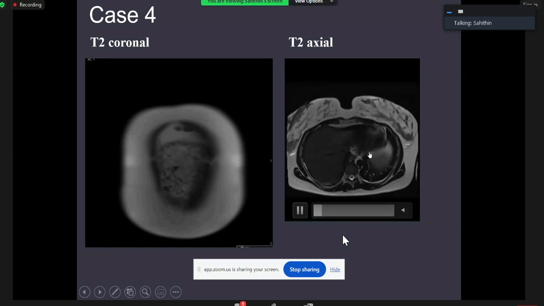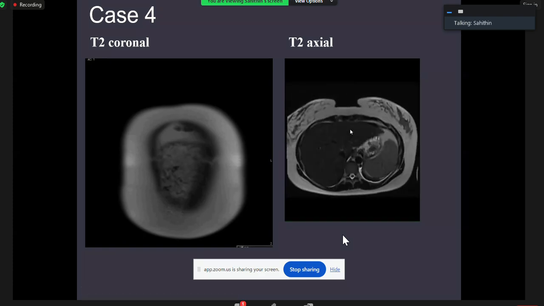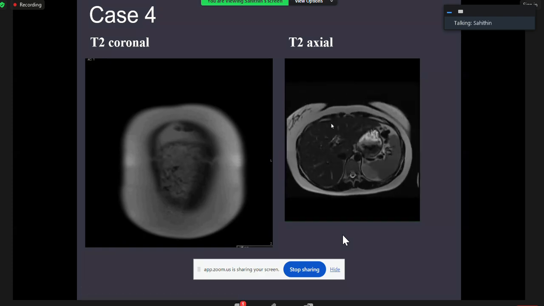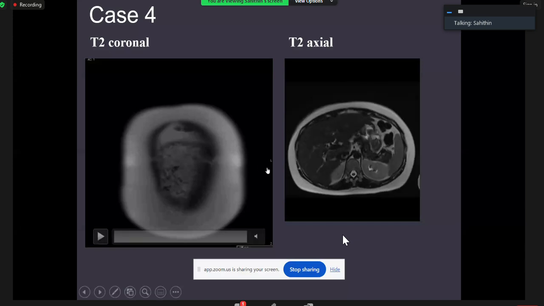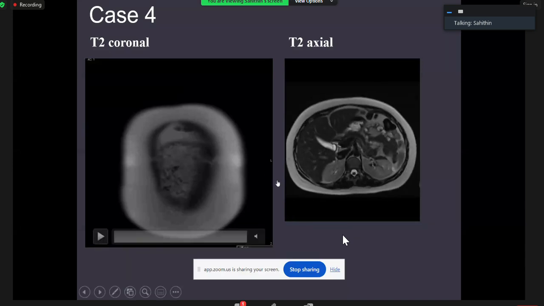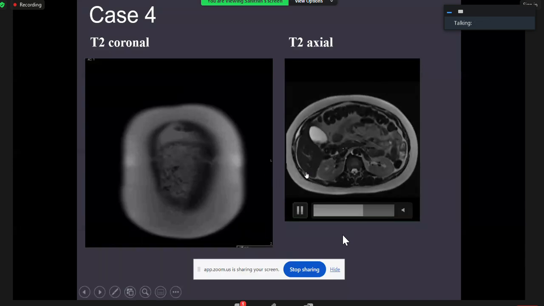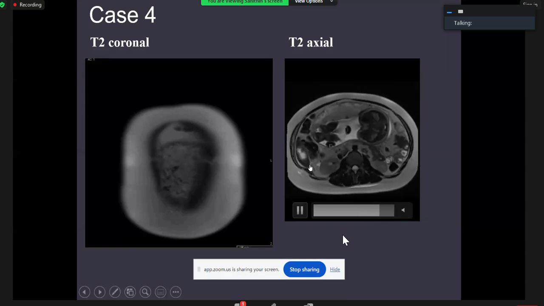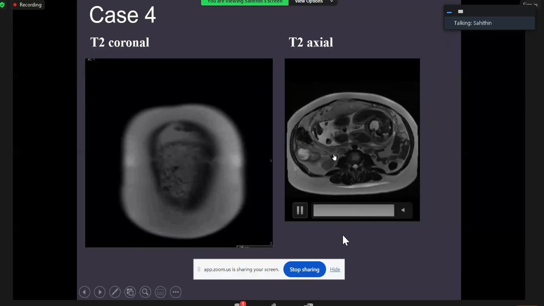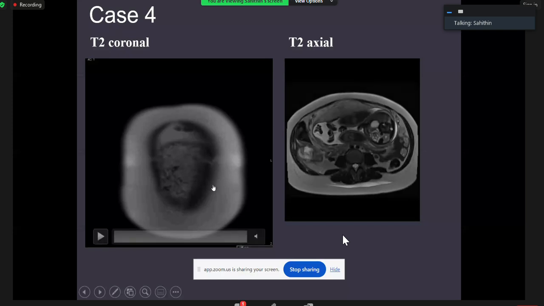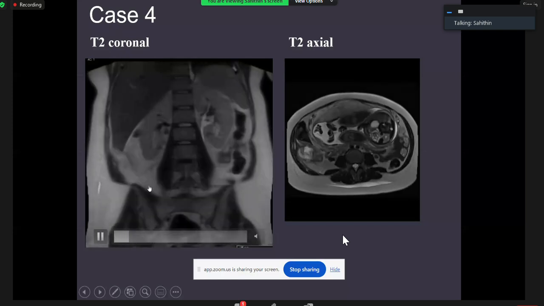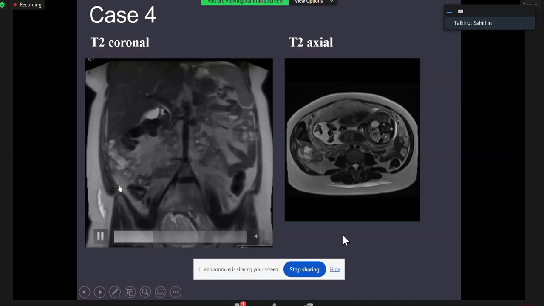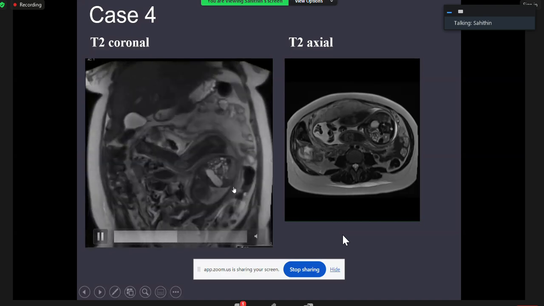I'll just play this again so we can see the collection in the right iliac fossa with a tubular structure just adjacent to this. Just there. And so this was a perforated appendix with a collection on the right side.